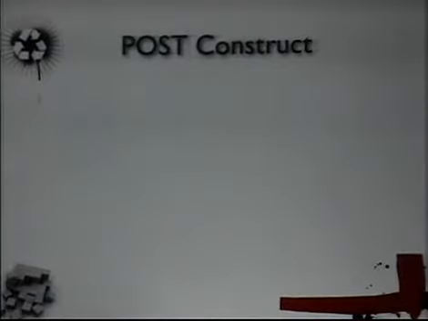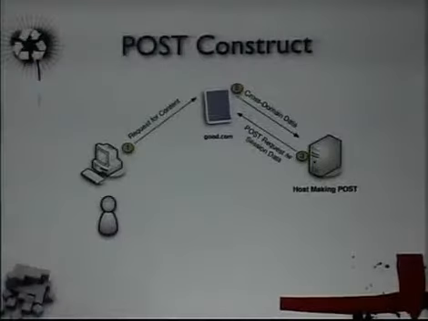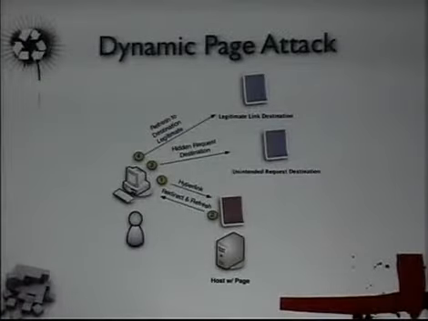And then number 4 is the payload. I'm just going to go past post construct because if you leak full session data, the tool can make a post without the user's browser, and that's goodness. But the last two are dynamic page and session fixate or token fixation.